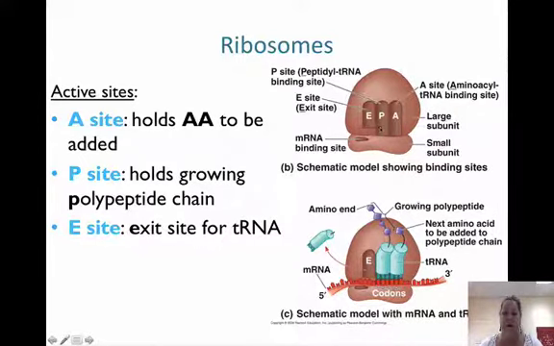The P part holds the growing polypeptide chain, and you can remember P for polypeptide. E is for exit, where the tRNA exits and goes off into the cytoplasm to pick up another amino acid.